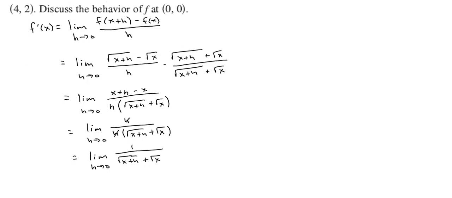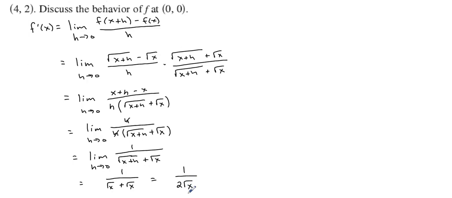It looks like we cancel the h's, right? Now we can do a direct substitution of 0 for h. And we get 1 over square root of x plus square root of x, because x plus 0 is just x. And then that gives us 1 over 2 root x.